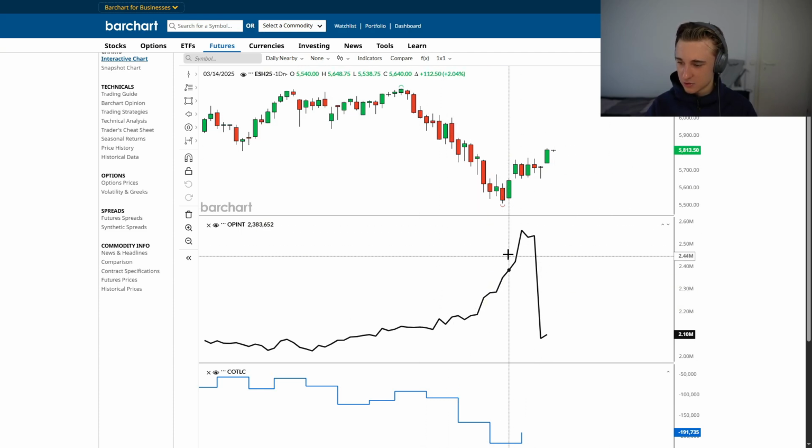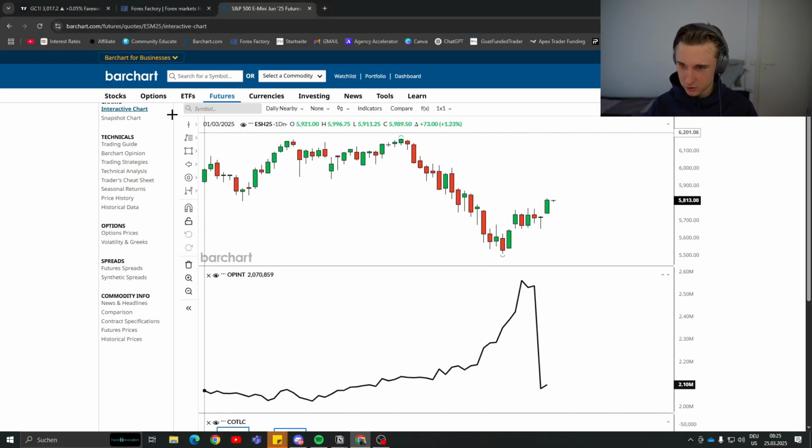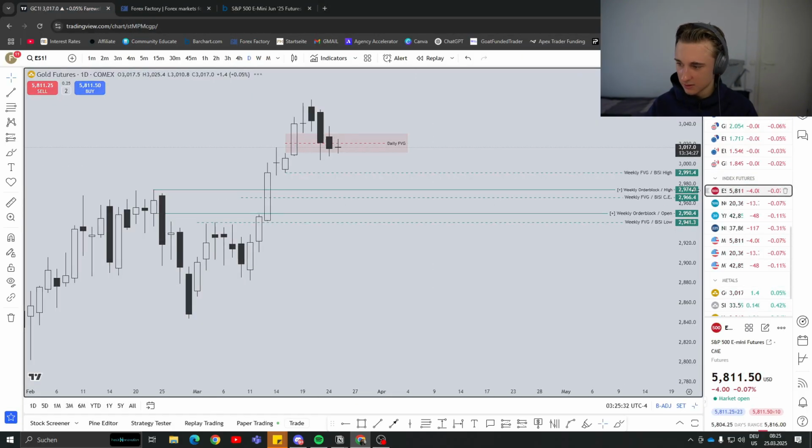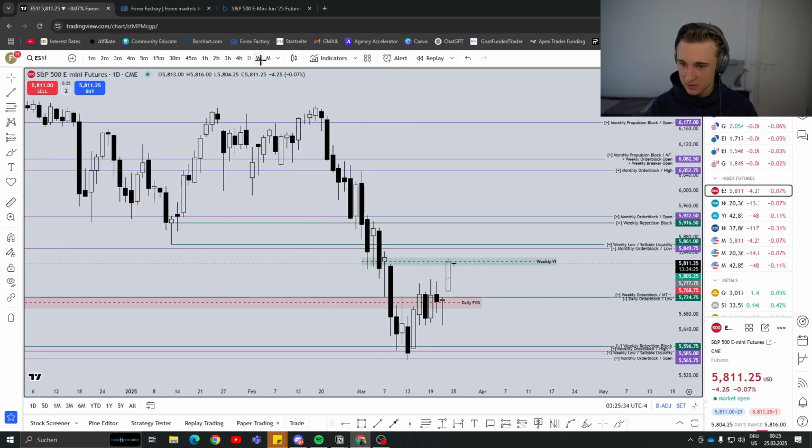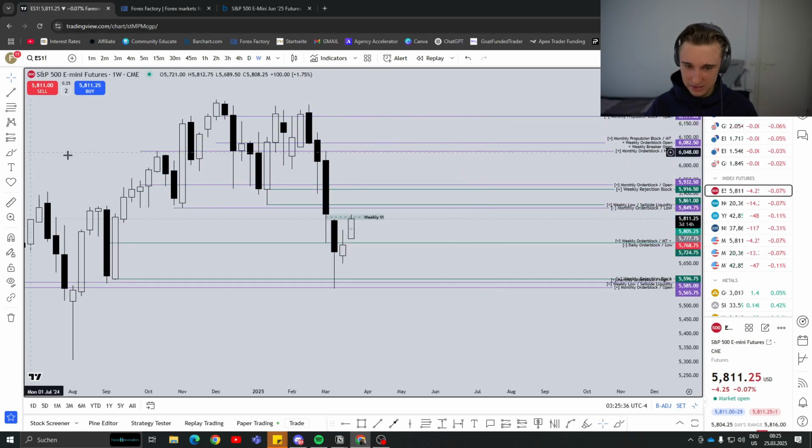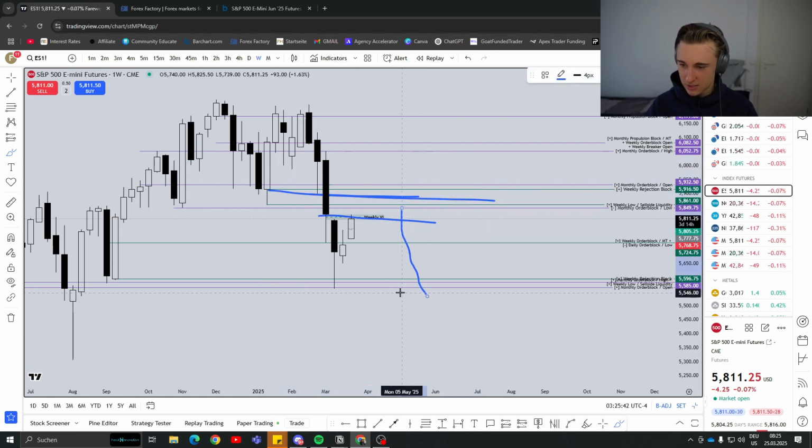You can see open interest has been increasing as we were starting to form this low, and then open interest drops massively inside this consolidation and we rally higher. And I think we're not going for all-time highs on the equities, but this is just a retracement back into a weekly fair value gap or order block, this order block, to then sell off again.